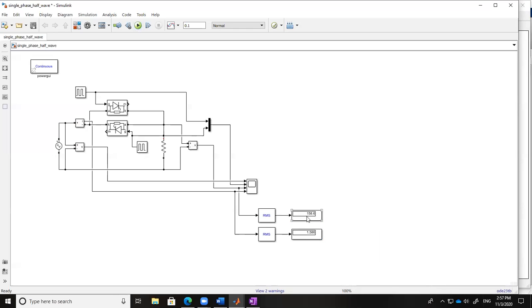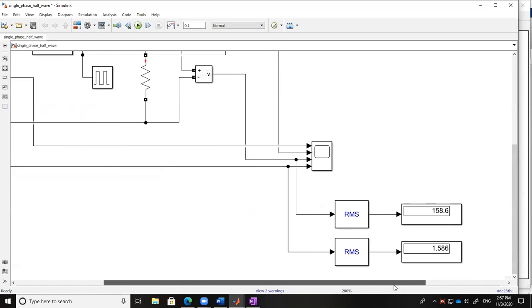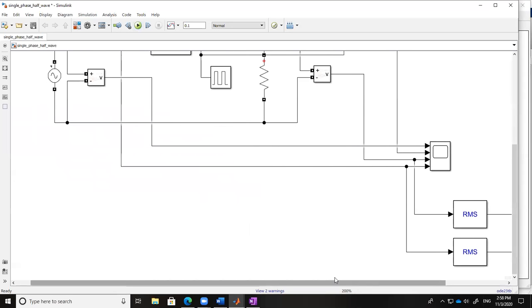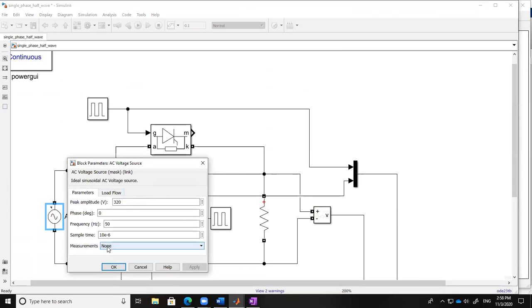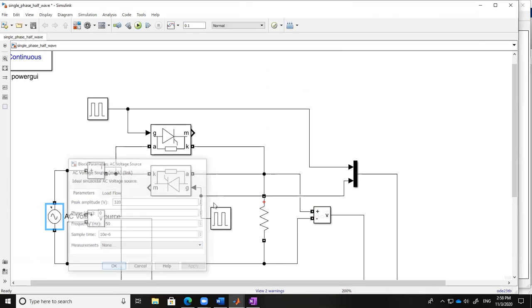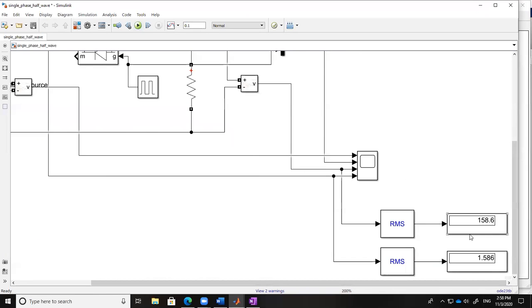What do you see? What is the RMS voltage here? 158, right? It is not 230. We have given 230 RMS voltage as input, whereas on the output side we get 158.